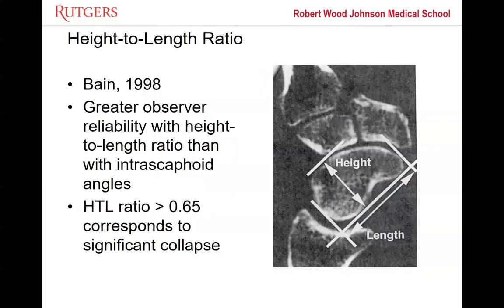And this is just an examination of a height to length ratio. I don't typically use this, but this is just an example of a distal pole that's flexed down. And basically, when you look at the ratio between the height and length, as those start to get closer, then you know that you have more collapse.